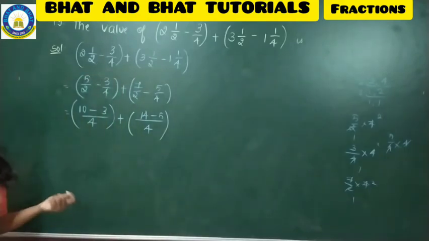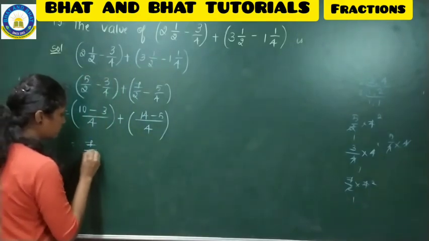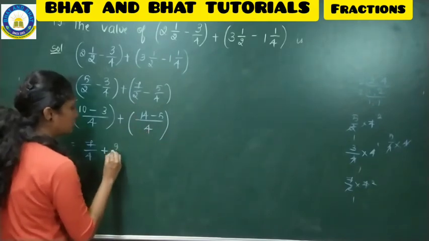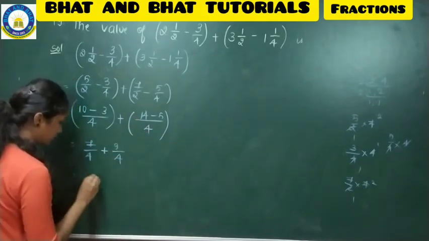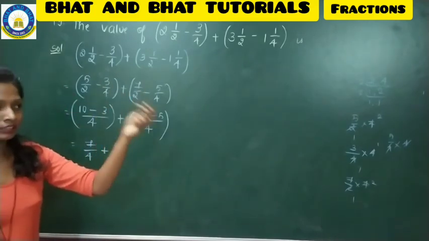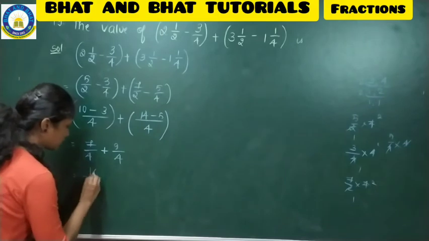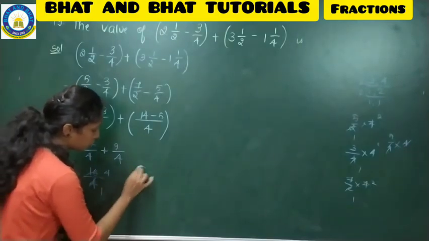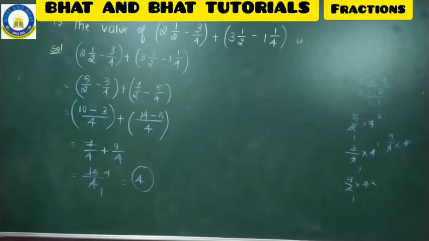So now 10 minus 3 is 7/4, plus 14 minus 5, 9/4. Since the denominators are the same, we can add directly: 9, 10, 11, 12, 13, 14, 15, 16. 16/4. Further I can do 4 fours are 16. So 4 is your answer.